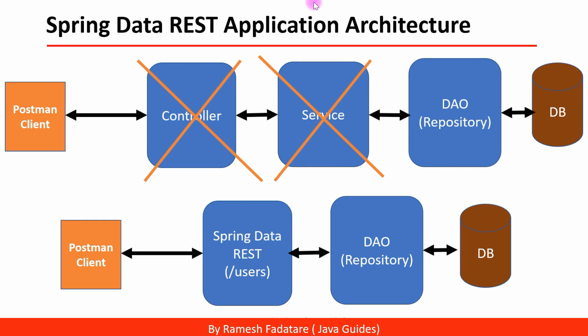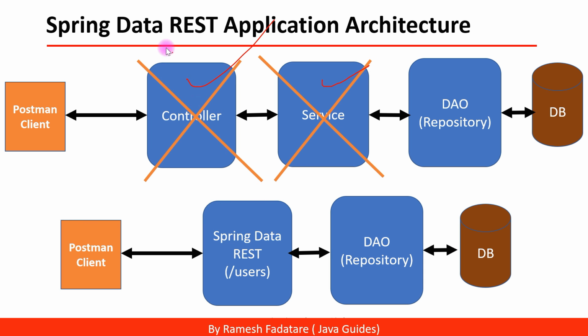Now let's take a look at the Spring Data REST application architecture. Before, we were creating a controller, service, and DAO layer, right? So this is a three-layer architecture. Now, in the case of Spring Data REST application architecture, we don't have to create a controller layer, and we don't have to create a service layer.